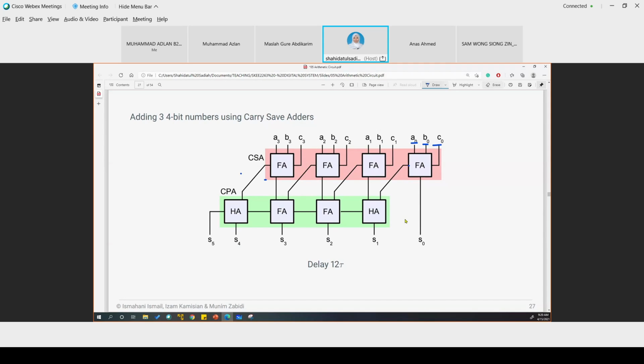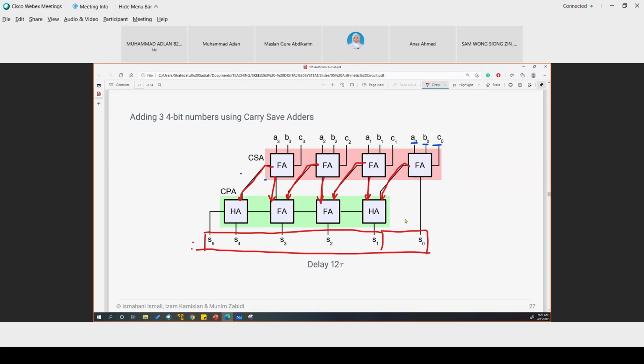The carry goes into the carry vector. And we add the carry with the sum, and we will get the answer. And for this one, just remember that the delay is 12 tau.